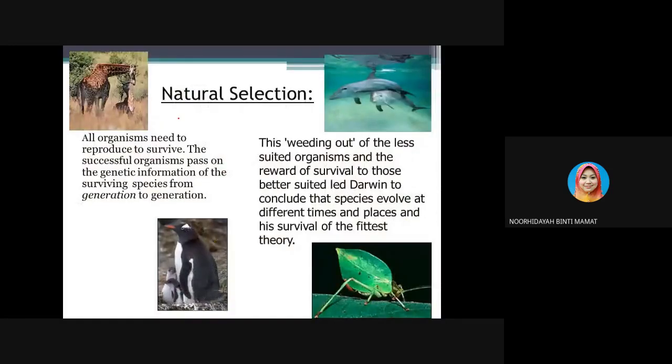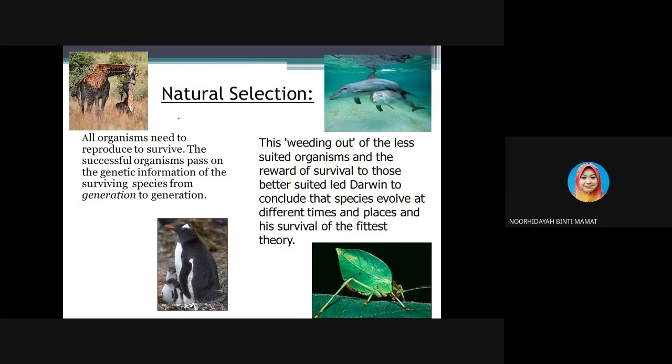All organisms need to reproduce in order to survive, and the successful organism will pass on the genetic information of the surviving species from generation to generation. So the latest generation will have more survival skills, the more successful genes.